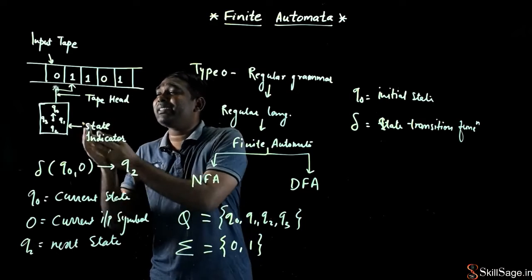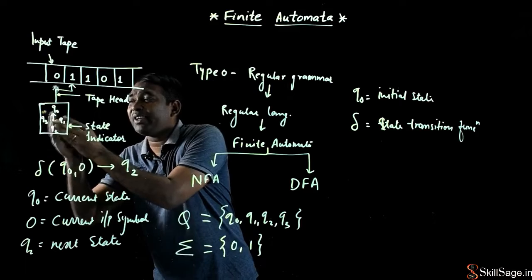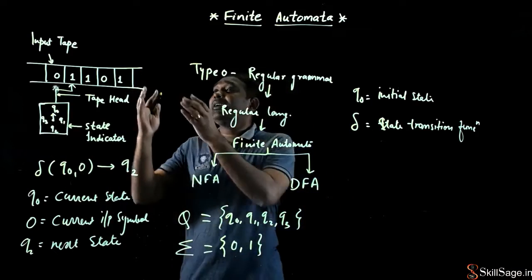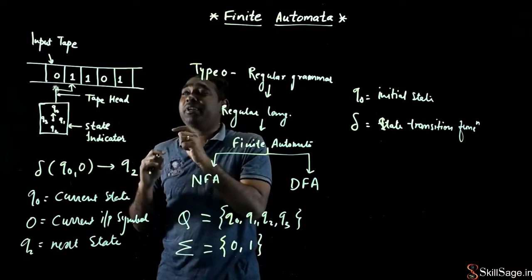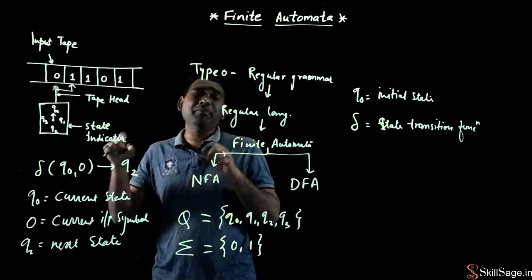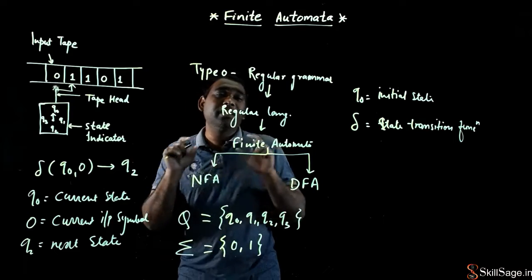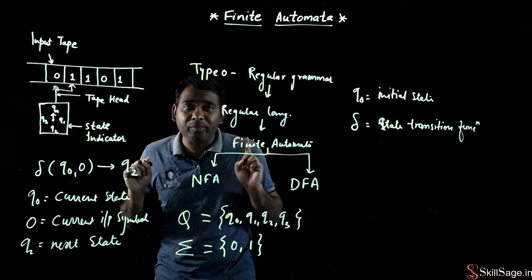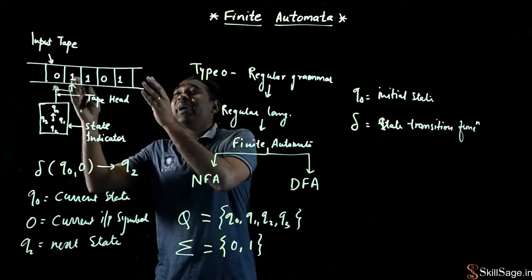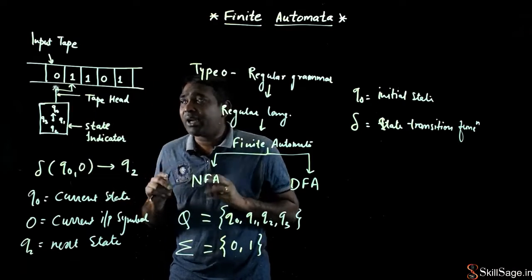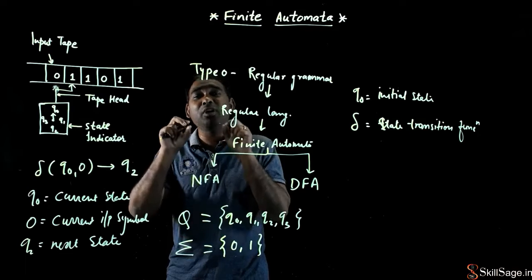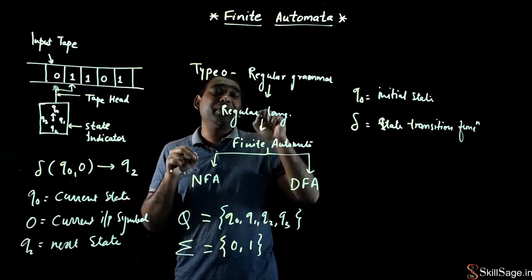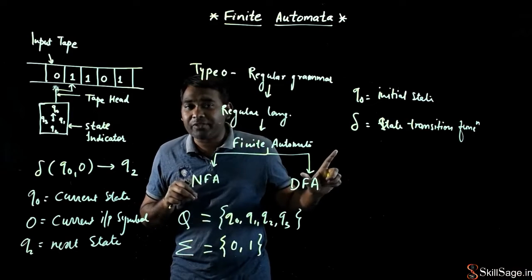If my current state is, say in this scenario, Q3, and Q3 is my final state, and after completion of reading my input string my current state is my final state, then I'll say that this particular string is accepted by this finite automata. If my string reading process is finished, and my finite automata lies in a non-final state, then that particular string will be rejected by this finite automata.